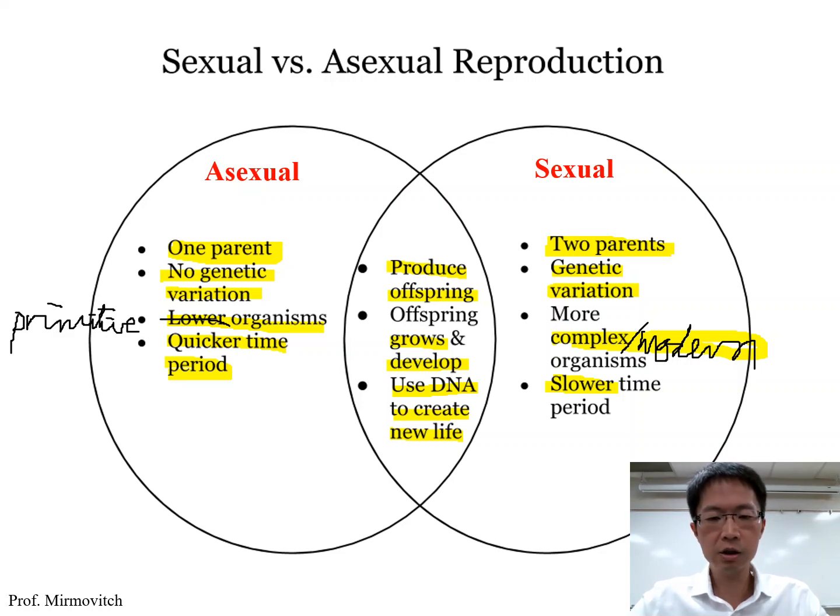So that's the whole purpose of reproduction, to pass on our genes. Why? Because if we can live to become adult, that means our genes give us some successful trait to survive, then we should pass on the successful trait to our offspring.